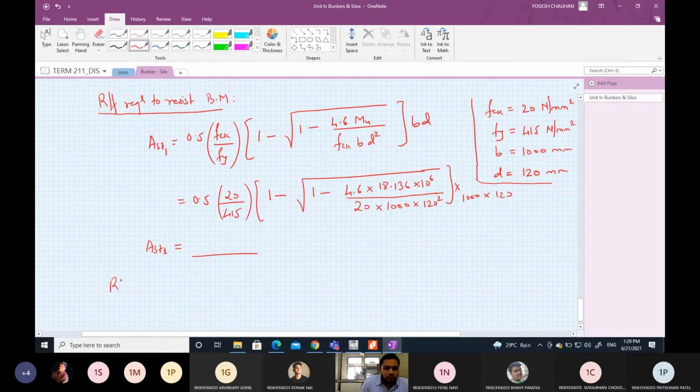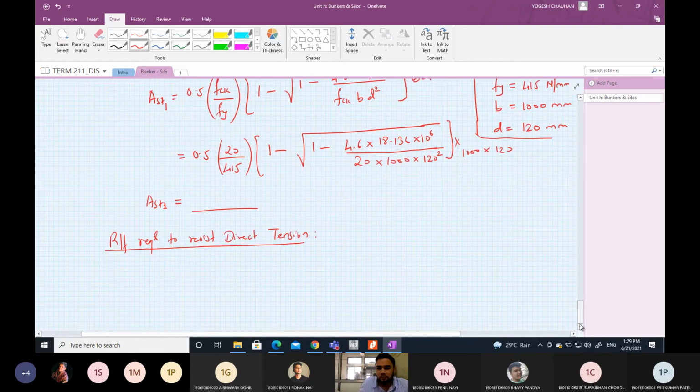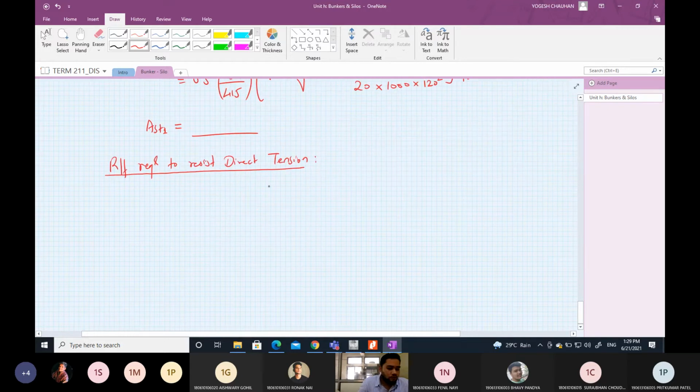Then we can find the reinforcement required to resist direct tension. How much is this value?